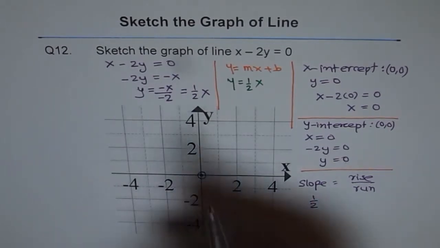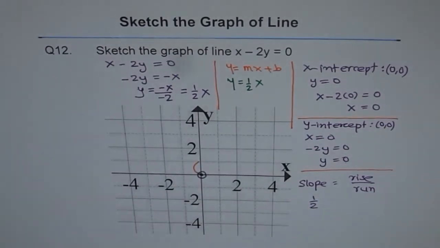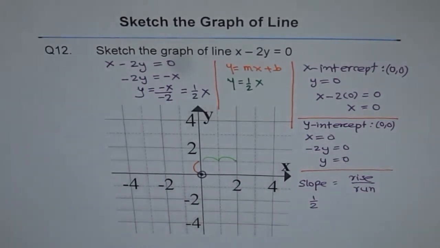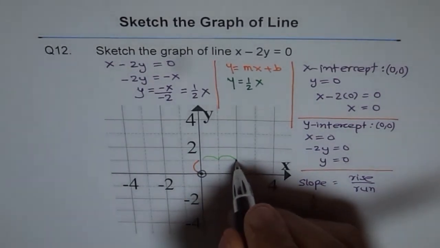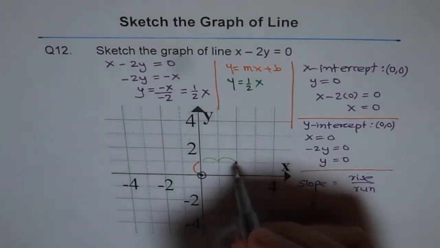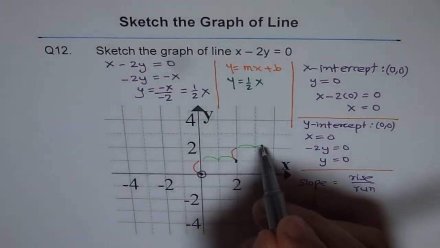Let's do that. So from here, let's go rise 1 and run of 2. Run is horizontal and positive, so this gives us the second point, and therefore we get a point here. Similarly, we can again go 1 up, 2 right. 1 up is the rise, and then 2 right is the run, and we get another point.